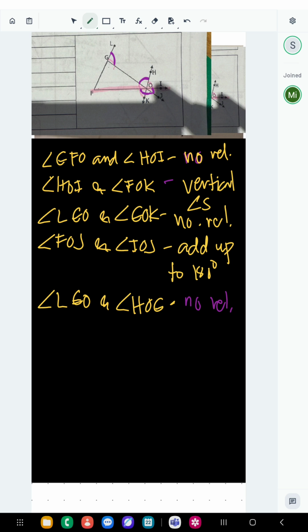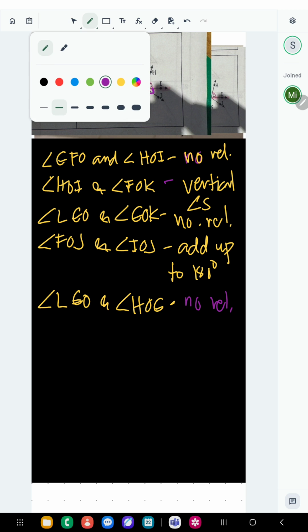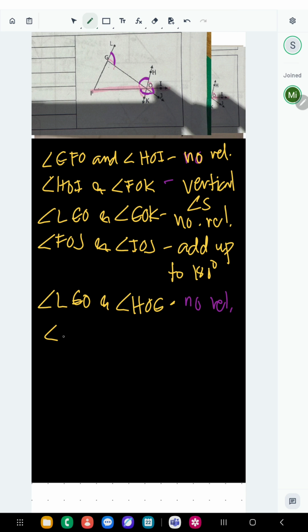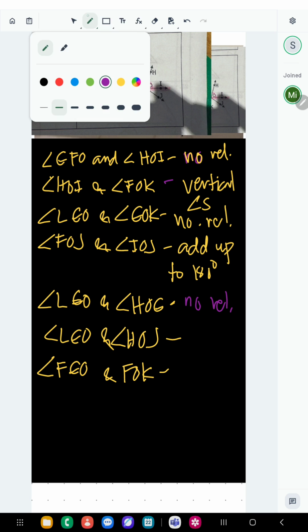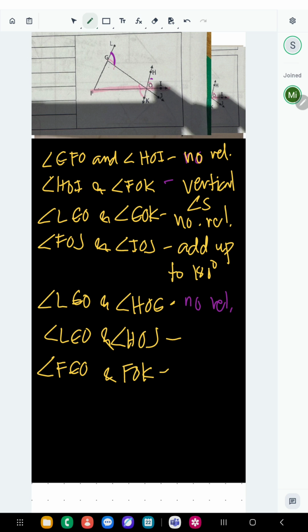I wish there was something from the instruction that any of these lines are parallel. And then we have LGO and HOJ, and then FGO and FOK. So LGO and then HOJ. Okay, that is LGO. This is HOJ, this one, right?